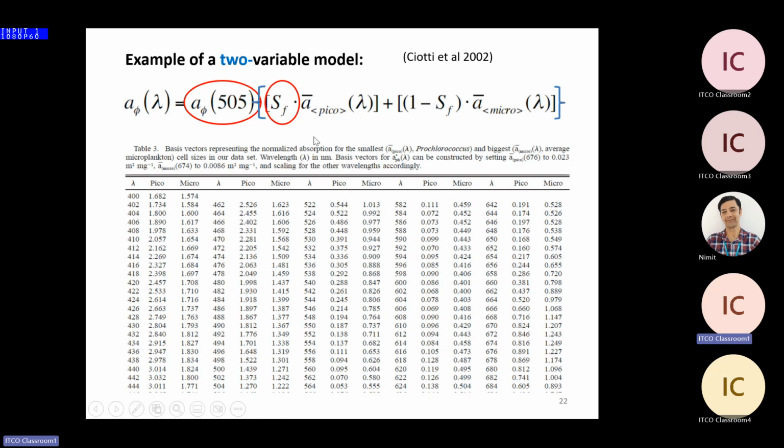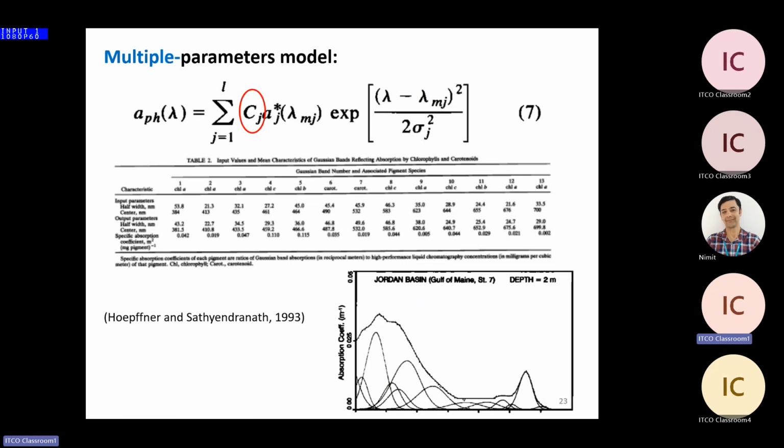Here's pico, here's macro. With this A pico and this A macro also tabulated from many measurements, these two are like end members. You know these two end members, and you have this magnitude at 505 and this SF as a fraction, then you also get the phytoplankton absorption spectrum. That's a two-variable approach.